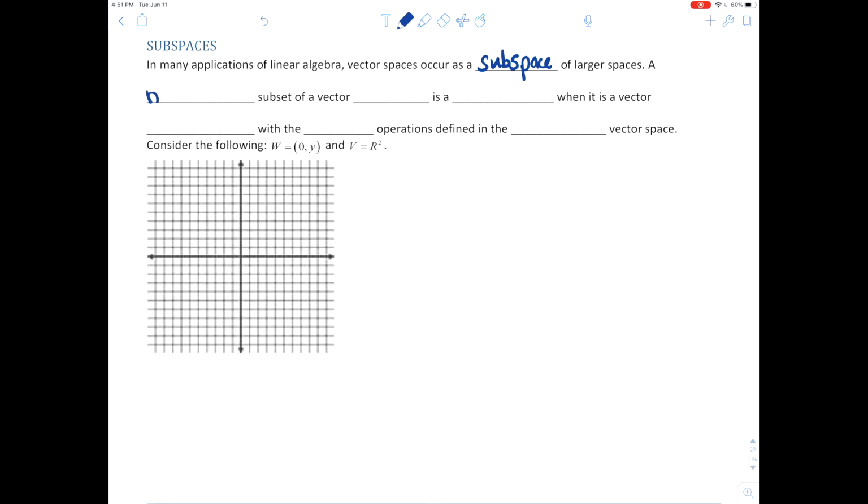A non-empty subset, now notice that's a subset, of a vector space is a subspace when it is a vector space with the same operations defined in the original vector space. So let's take a look at what we have going on here, all right?